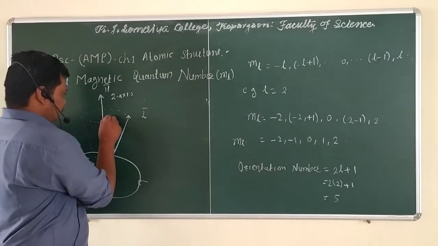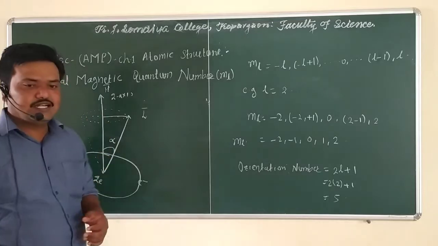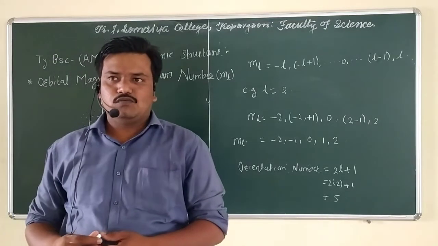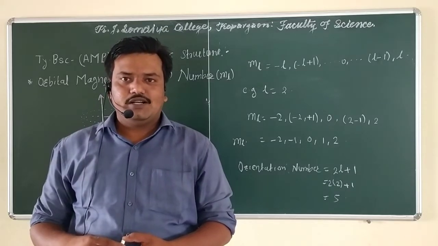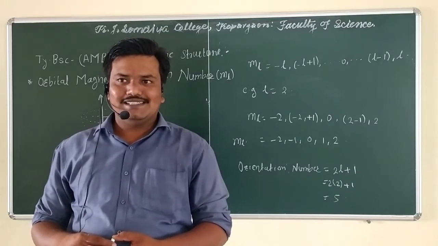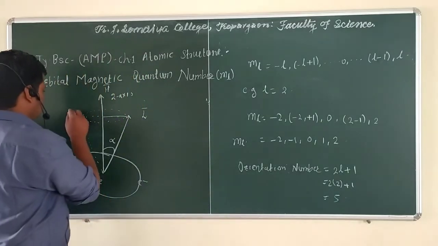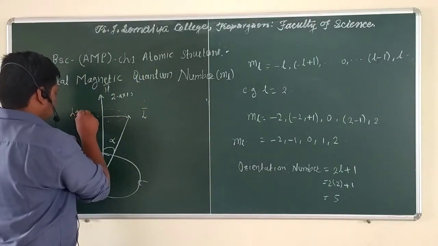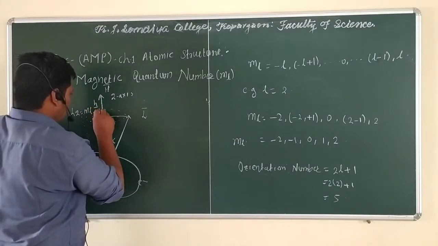And this is considered as the Lz, that is the projection axis, or the precession along the H bar, given by Lz is equal to ml into h upon 2 pi.